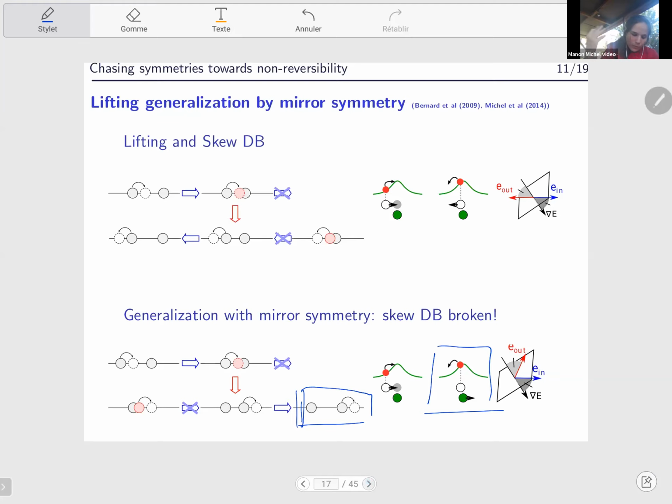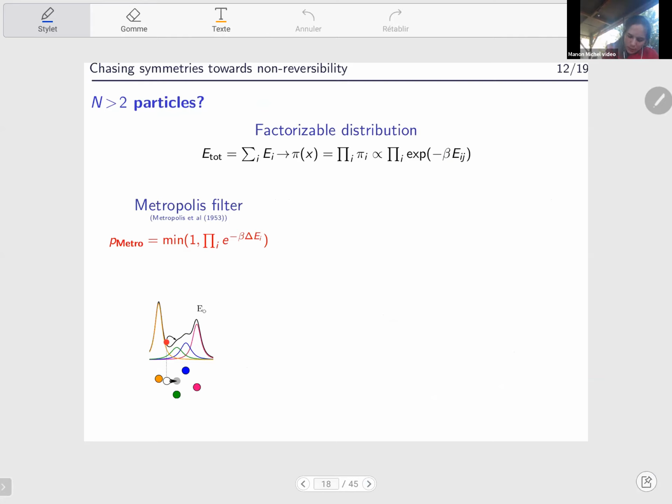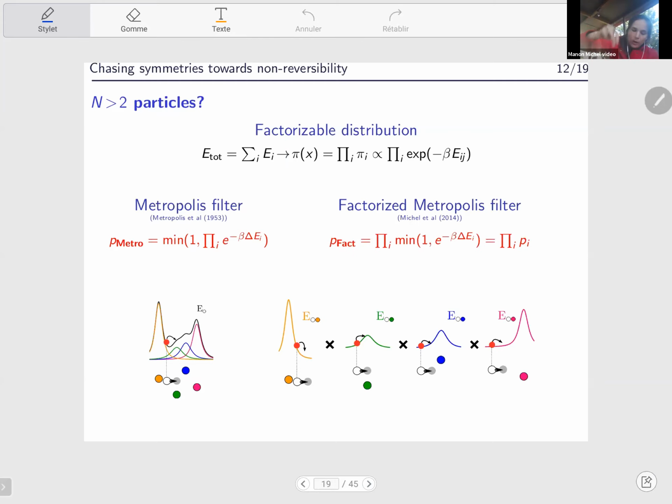And so the question now is, this is for two particles. How can we do that if we have more interaction terms, if our energy is a sum of terms? The idea here is to get at the symmetry by factorizing the distribution and factorizing the transition probability, to take the Metropolis rates and take out the product.